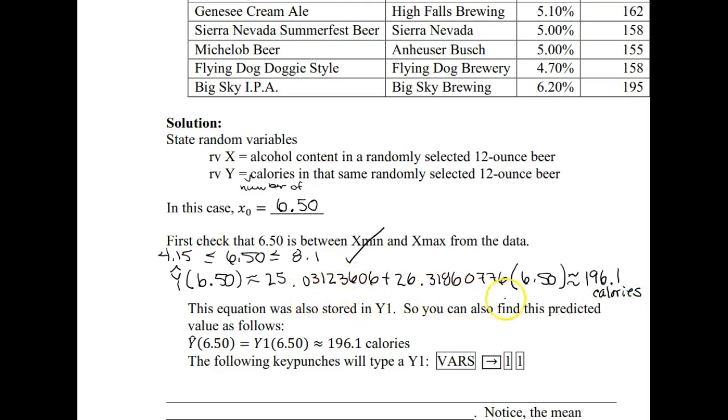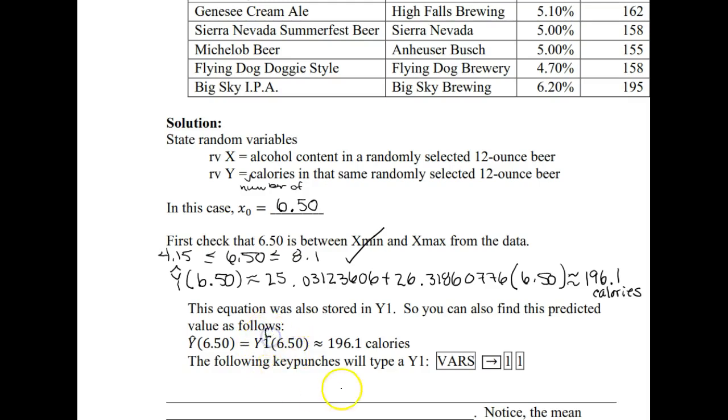Now, there's a lot of decimal places in each of those numbers, but remember, we stored this equation in Y1. So an easier way to have the calculator do all these computations and keep all the decimal places is to compute y hat of 6.50. We can just tell it to use the equation we stored in Y1 and plug in 6.50 for x.